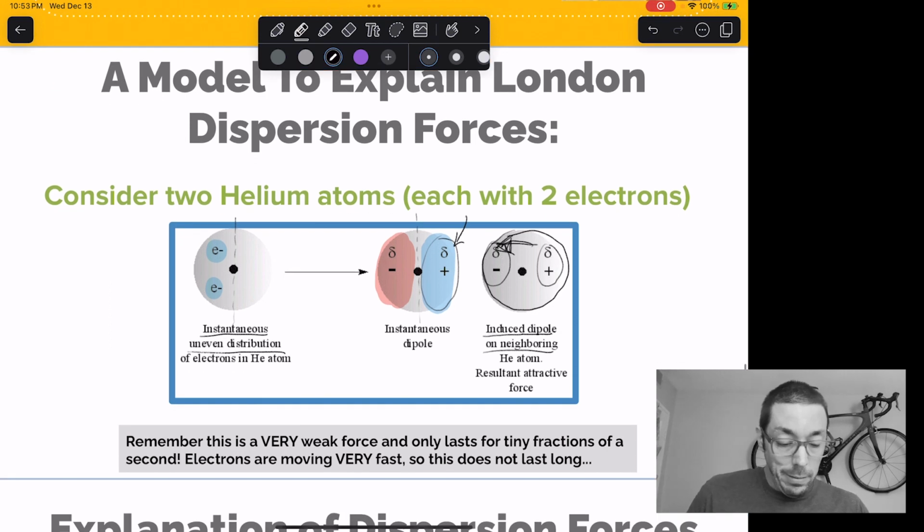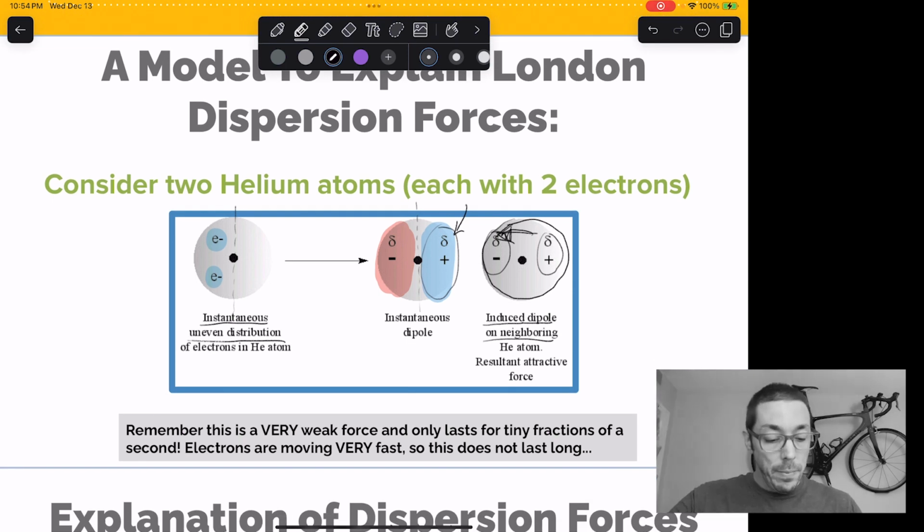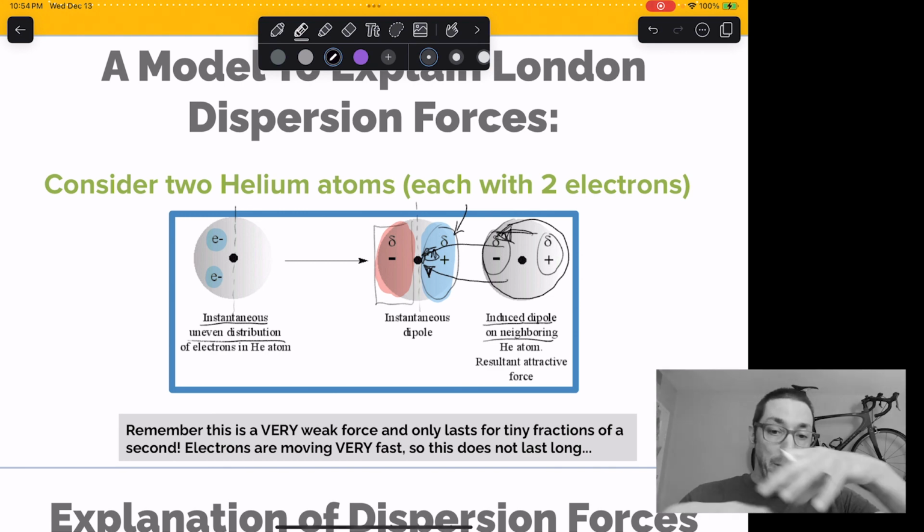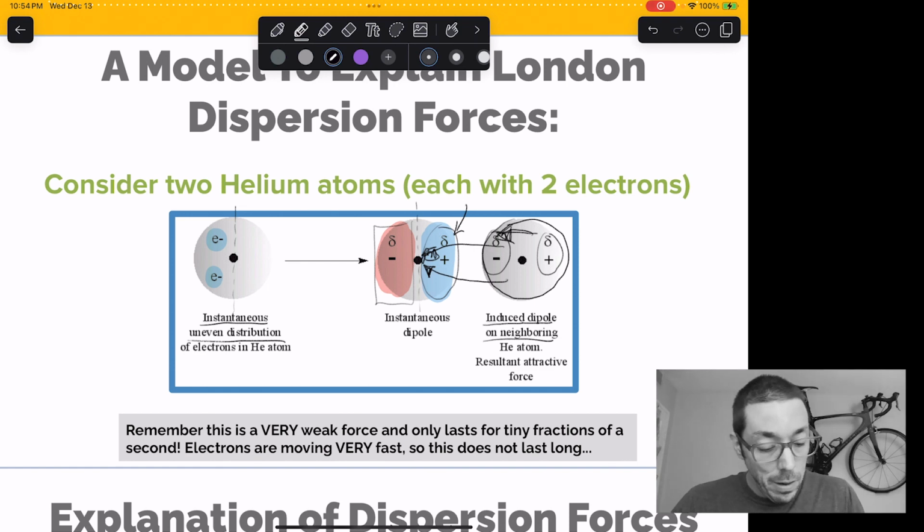It's the instantaneous attraction of electrons in one atom to basically the nucleus of the other atom. Because in this atom, they're feeling the positive pull of the positive nucleus because the electrons happen to be over on the left side at that instant. So it opens up the positive nucleus to attract the electrons on the other atom over to the left side.